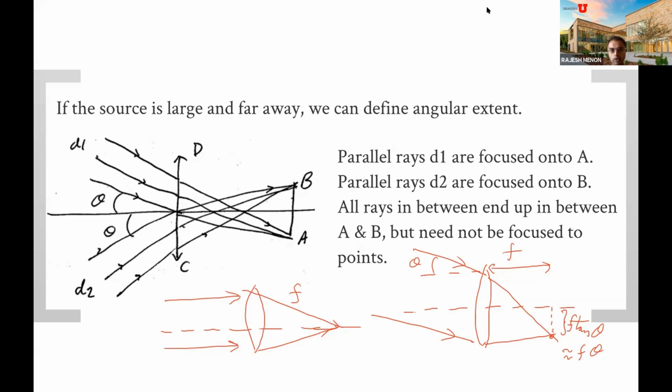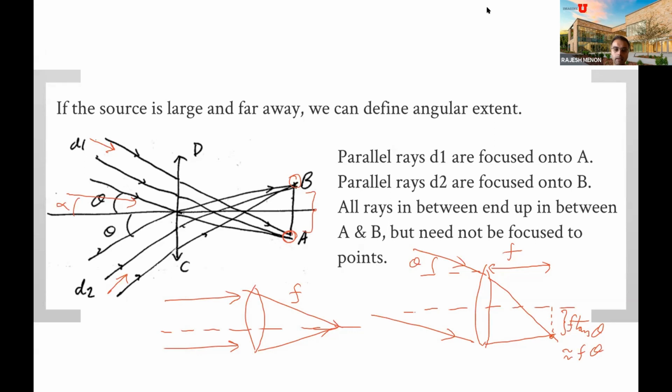Okay, so it's exact. That's exactly what's shown in this picture here. I have rays coming in at this angle, all of them are focused to this point. I have rays coming at this angle, all of them are focused to this point. And just knowing these two pieces of information from the previous slide, if I have any other rays coming at an angle, let's say alpha, it needs to end up in between from the edge ray principle.